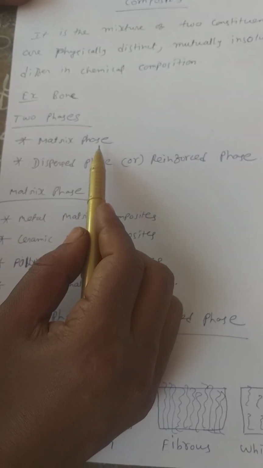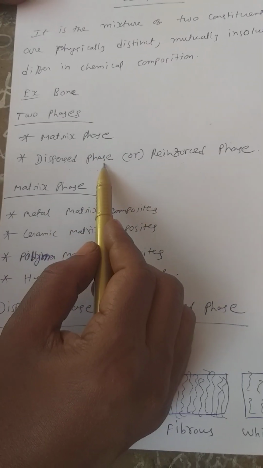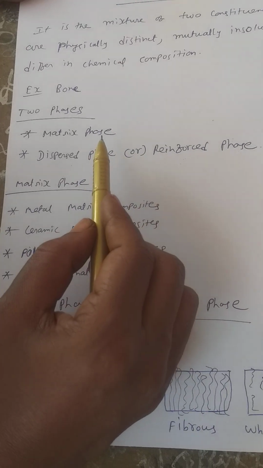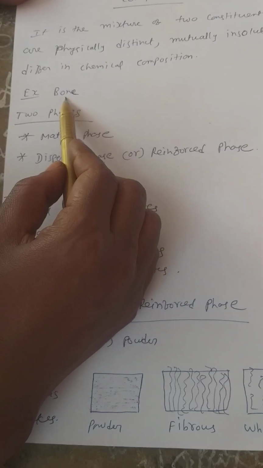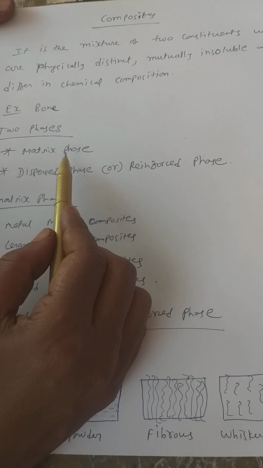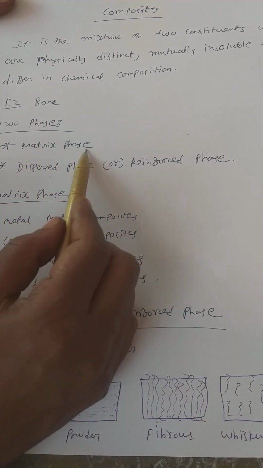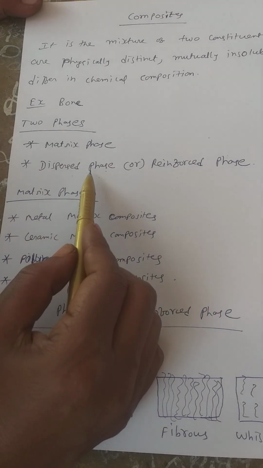Though it is heterogeneous, many a time both the constituents are not seen, because one phase is enclosed within the other phase, like bone. The outer cover encloses the bone marrow. Likewise, in many composite materials, the outer cover, that is the matrix phase, encloses the dispersed phase which is dumped inside.